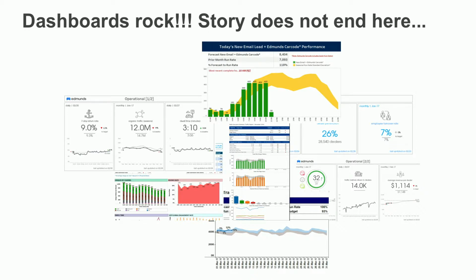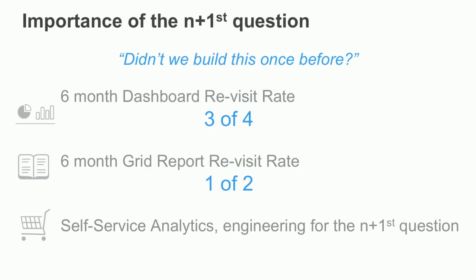But then it's all limited. You are answering certain questions. We are not able to get people to ask more out of it. And that's why this is such an important aspect to building a self-service platform. Can you answer that N+1 question? I'm going to pause here because this is a real engineering aspect of self-service.